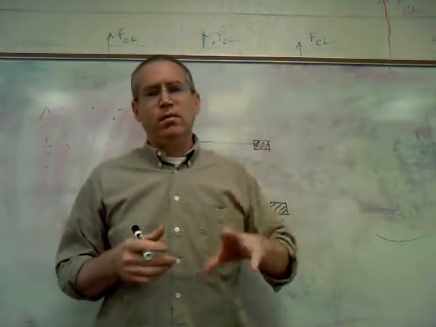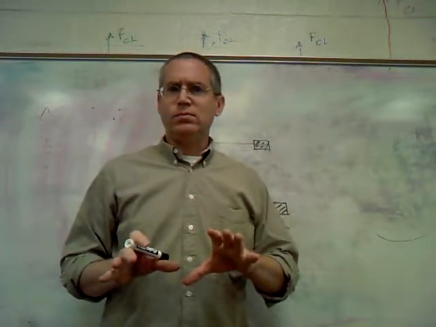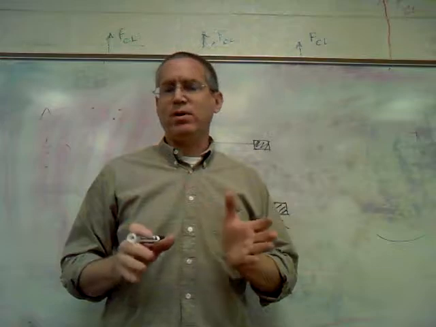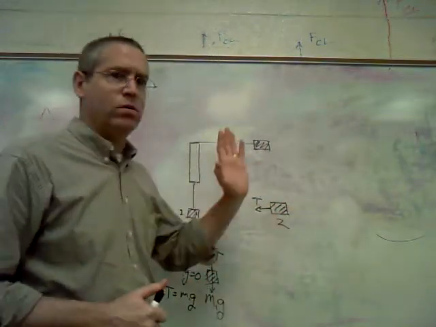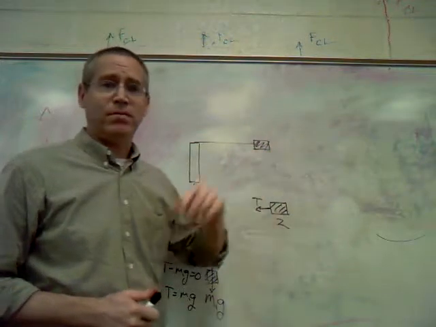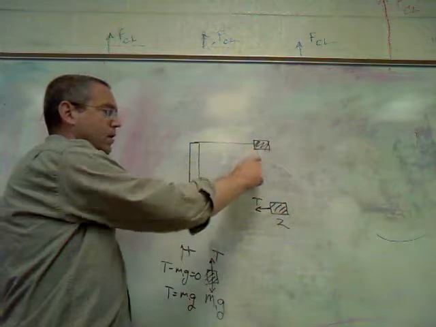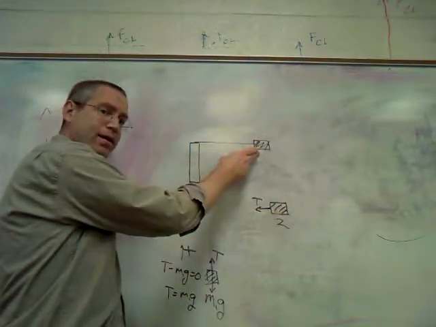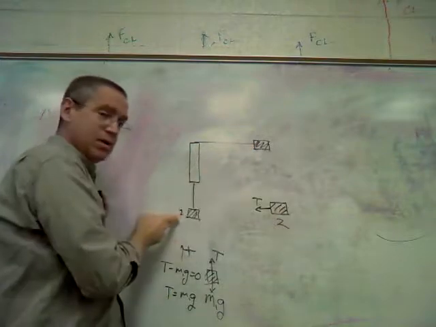At that point you start needing to use supercomputers, and how far you go depends upon how much time and money you have. But for right now, we're going to keep it simple. We're ignoring the weight on this one right here, and when you do this experiment, the mass of this one should be significantly less than this.